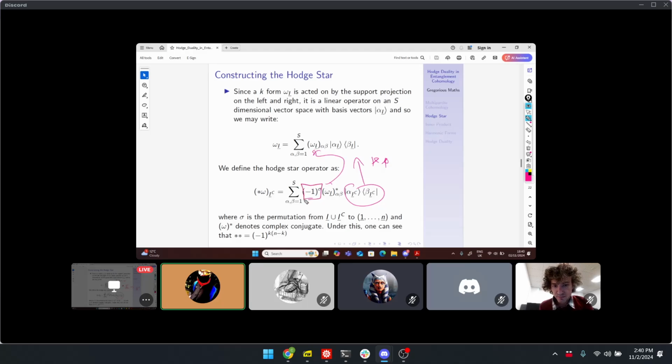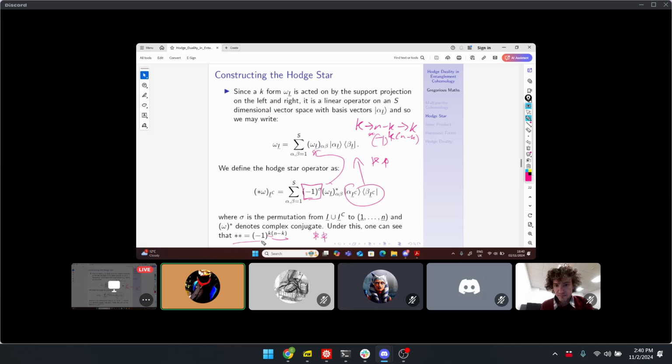If we shuffle it k times the first time round, then to shuffle it back in order, we have to shuffle it n minus k times. So in total, doing the Hodge Star twice sends us from a k-form to an n minus k form, and then back to a k-form, and it's not quite the identity, but it's the identity up to a sign, and that sign is minus one to the k times n minus k.